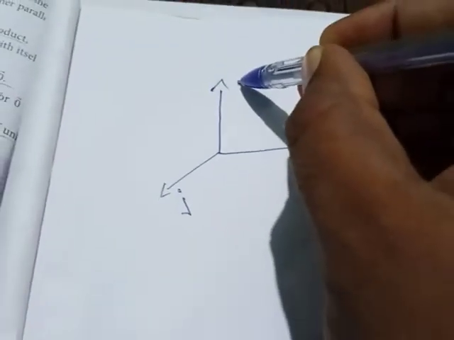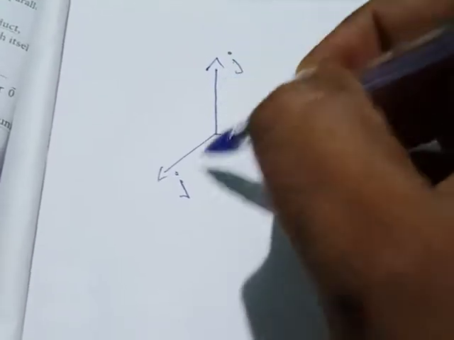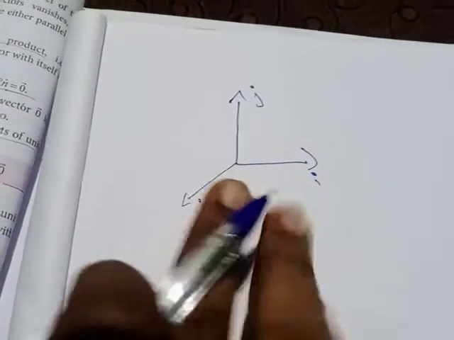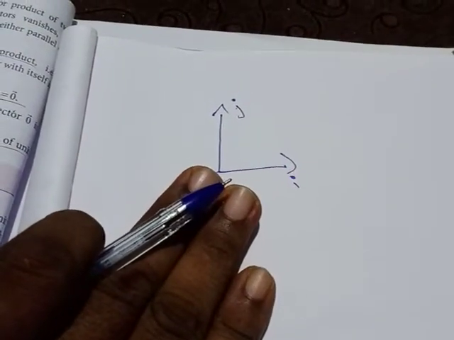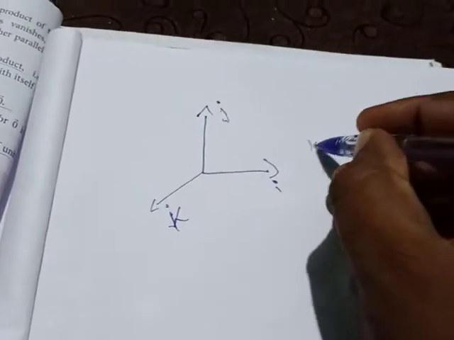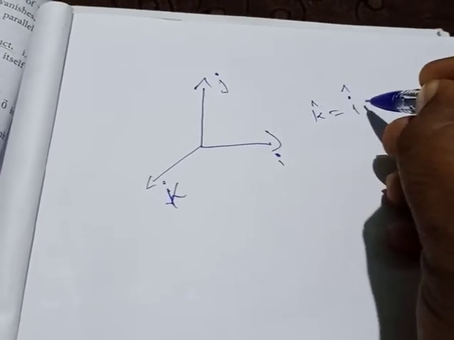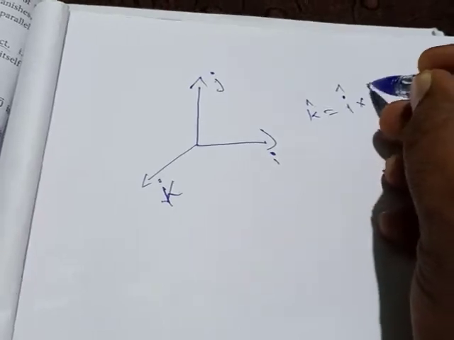I will show you. Like this: I, J, K. If you are taking the K unit vector, K unit vector is I unit vector cross J unit vector.